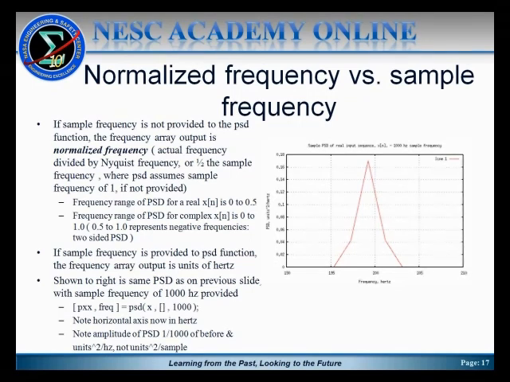Like if you look at typical specs for sensors, they'll show a noise spectrum with PSD per hertz as the amplitude. So that's important to note: providing the frequency to the PSD function does change the amplitude of the output PSD.